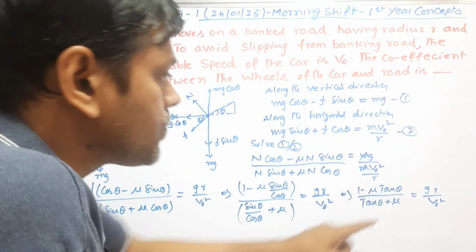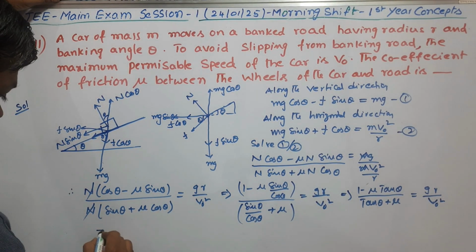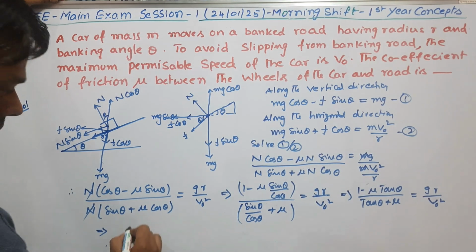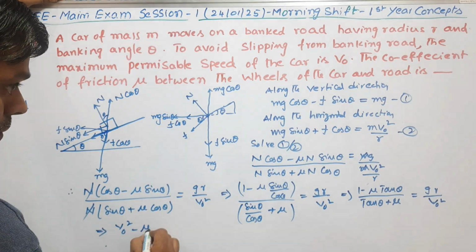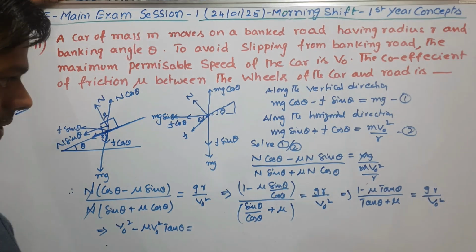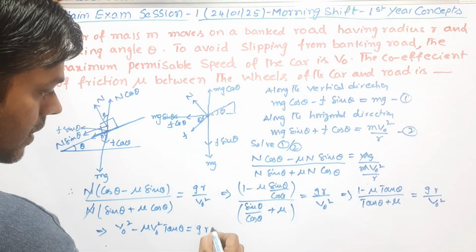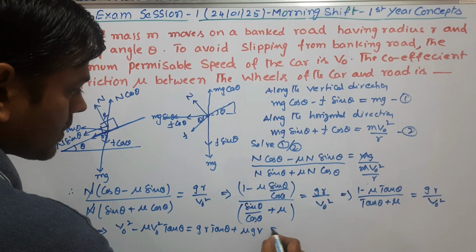You want to calculate mu, so doing cross multiplication, you can write, that implies V naught square minus mu into V naught square tan theta is equal to gr tan theta plus mu into gr.